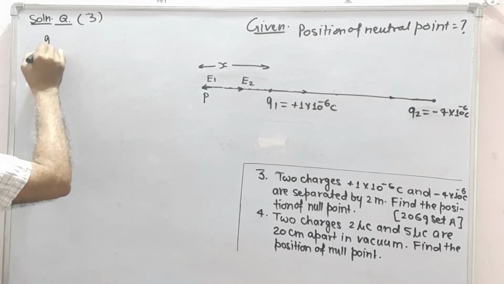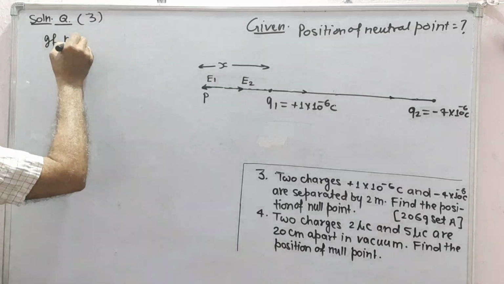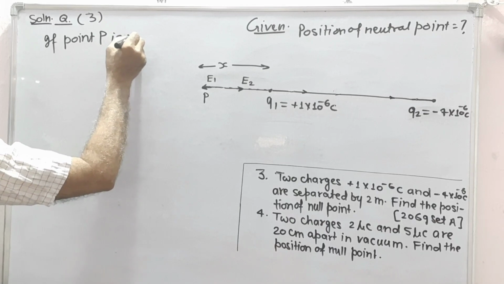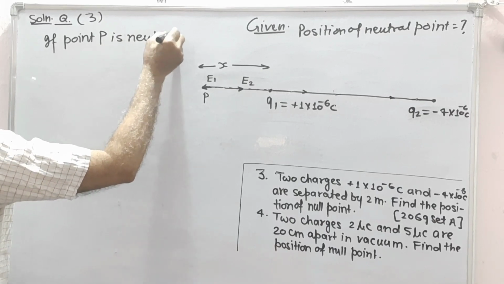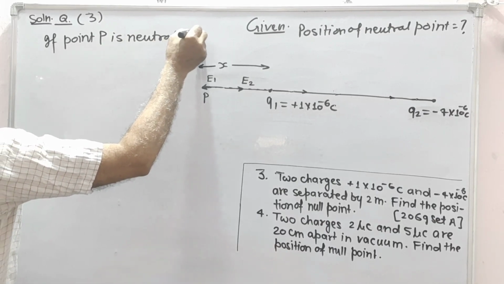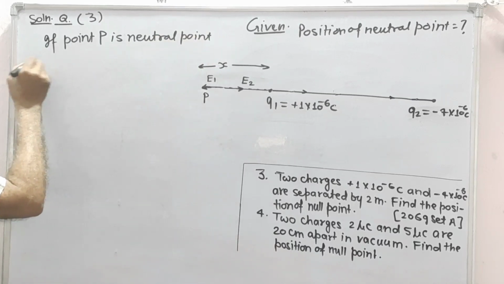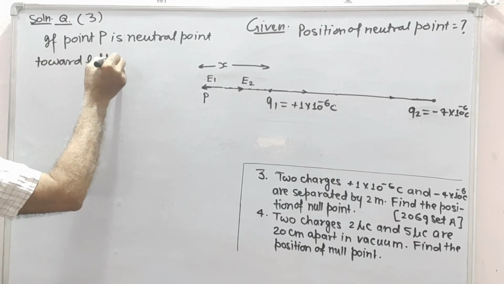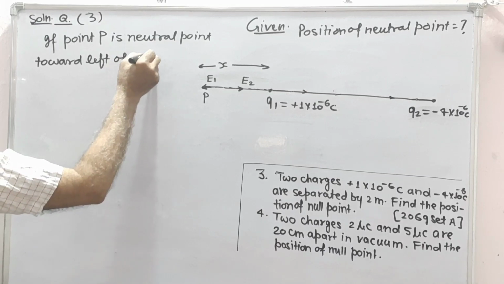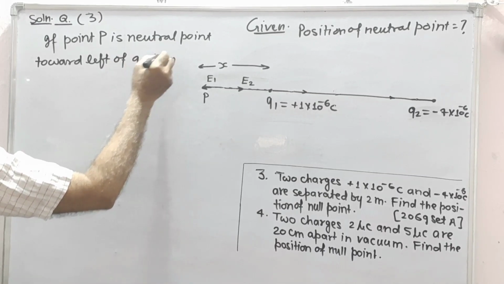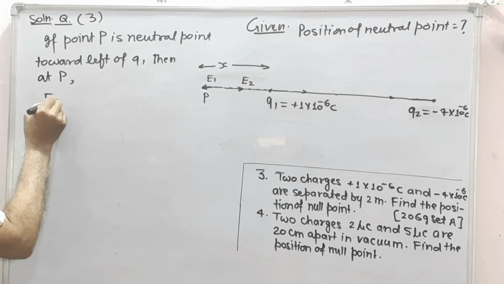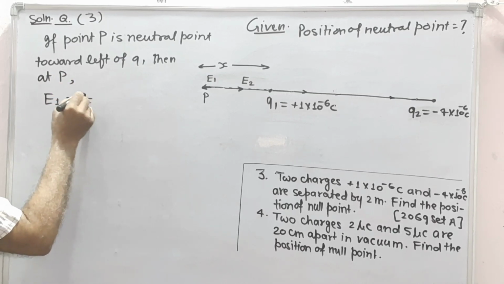So if point P is the neutral point, towards the left of q1, then at P E1 must be equal to E2.